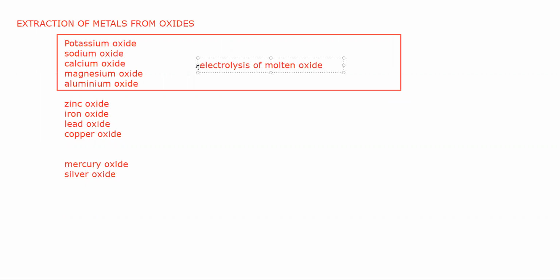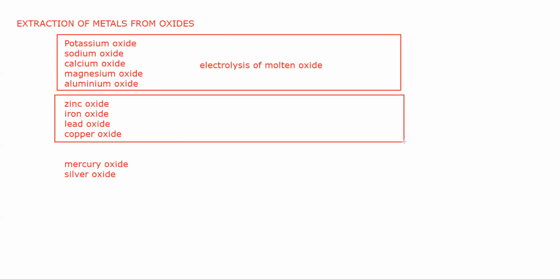We discussed this last time. Just because the new topic is related to extraction of the metal, that's why I'm revising. So for potassium, sodium, calcium, magnesium, and aluminium, we use electrolysis of the molten oxide. We pass the current through the molten oxide and the metal is separated and oxygen is separated.